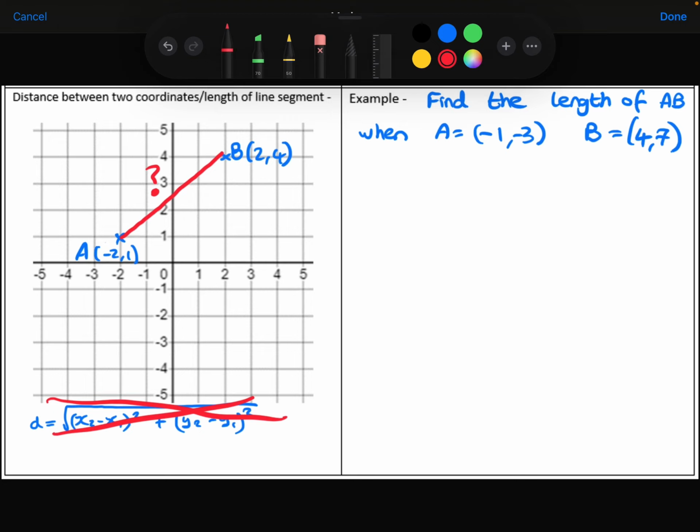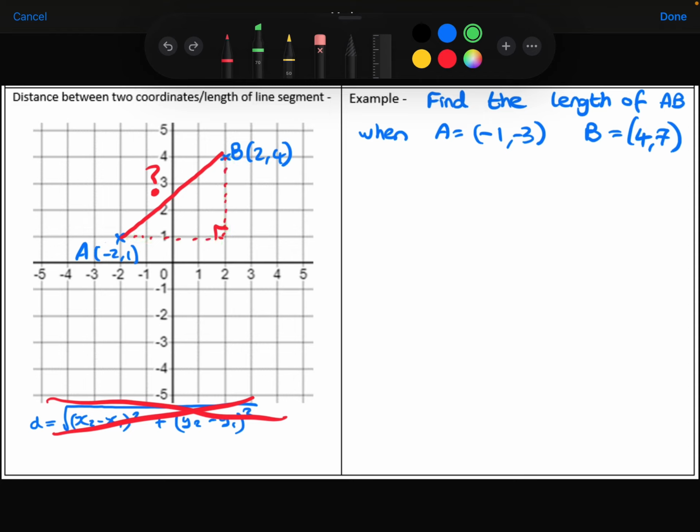Because to work out the length of this line, all we actually need to do is a little bit of Pythagoras. Because I'm going to have a right angle triangle. All I need to do is work out what this is, and then I can do Pythagoras.